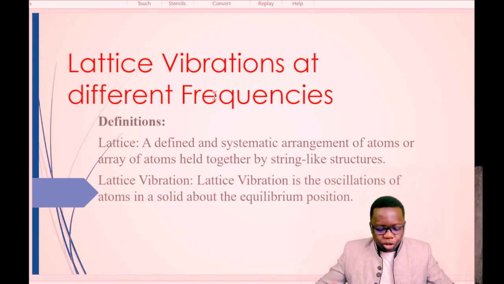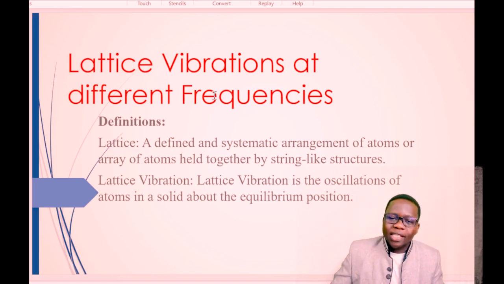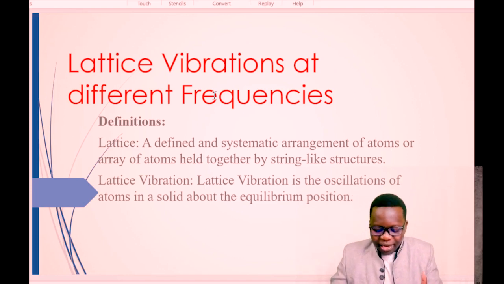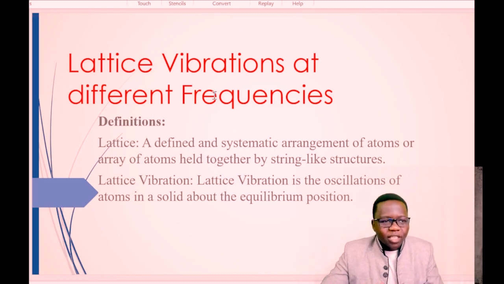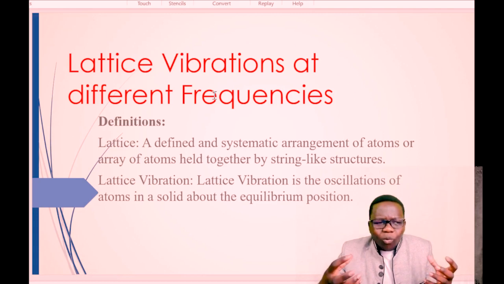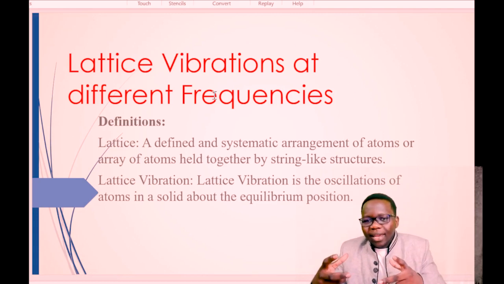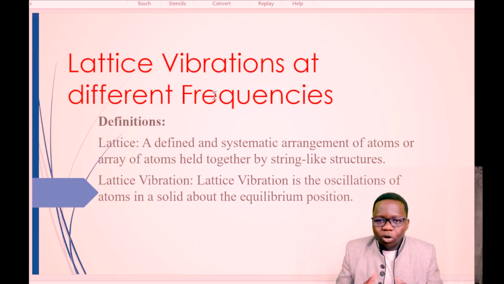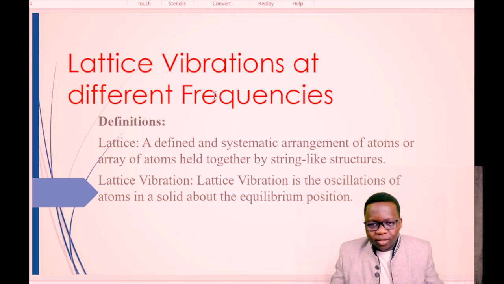So on this special occasion, we want first to understand the meaning of the word lattice. We've seen that lattice is just a systematic arrangement. How are those atoms arranged within a solid, and what is holding the atoms? They have string-like structures. Some books also define them as strings, or they're actually springs.